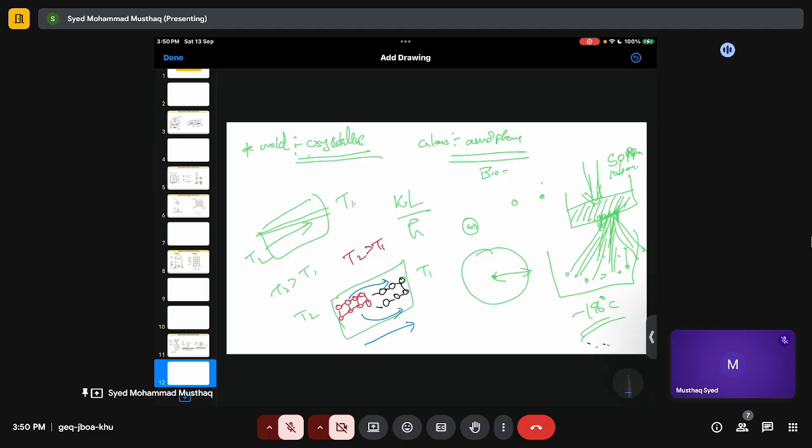Next is convection. In convection, you have free motion of atoms, like in liquids, gases, and fluids. Conduction is done, convection is done, and then you have radiation.